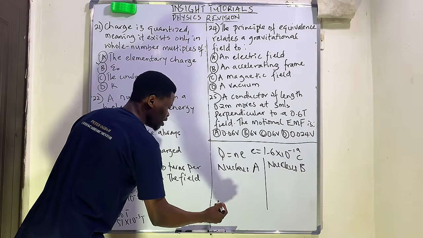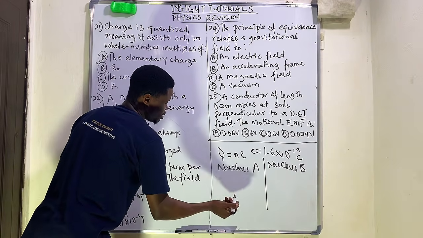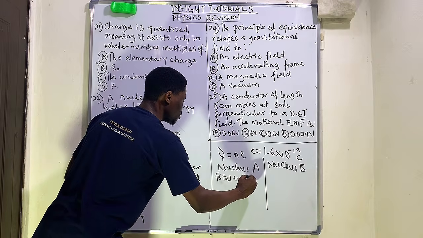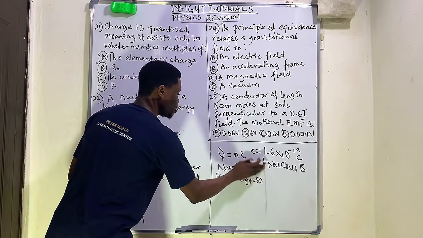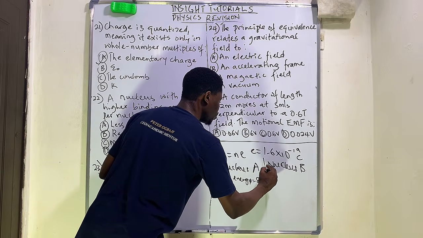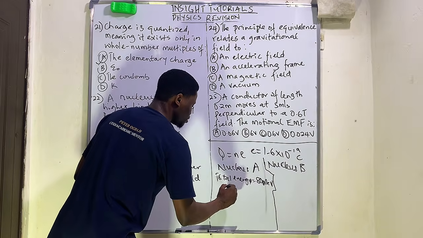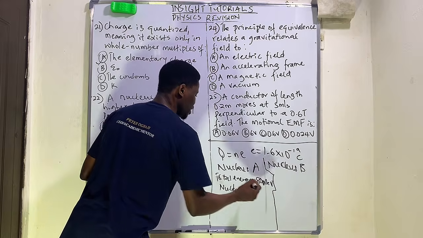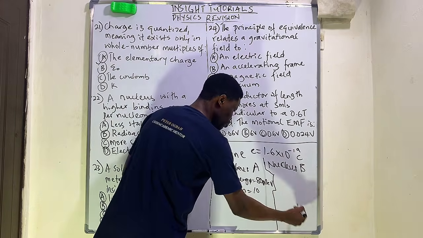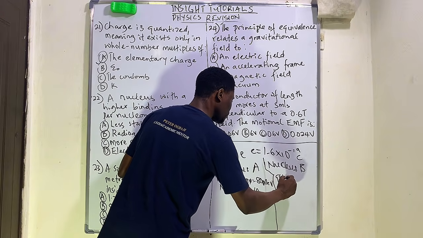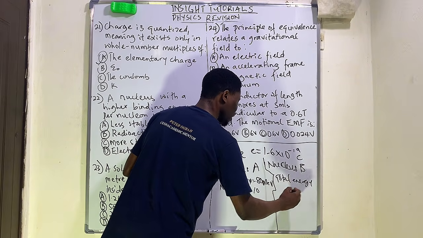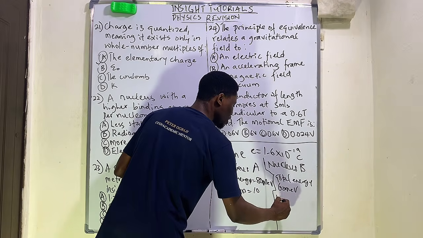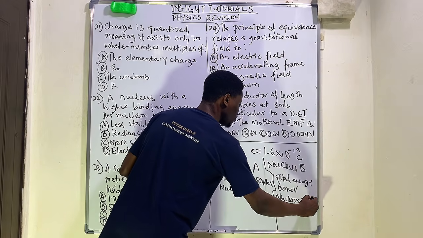Let me assume nucleus A has a total energy of 80 MeV and the number of nucleons is 10. And let me say another nucleus B has a total energy of 60 MeV, and it also has 10 nucleons.